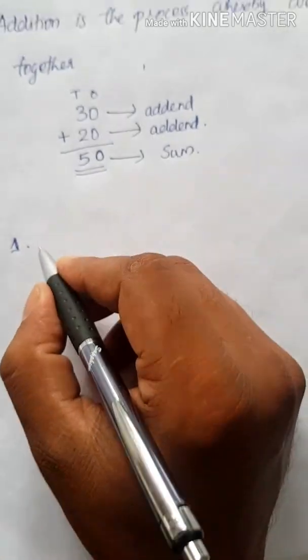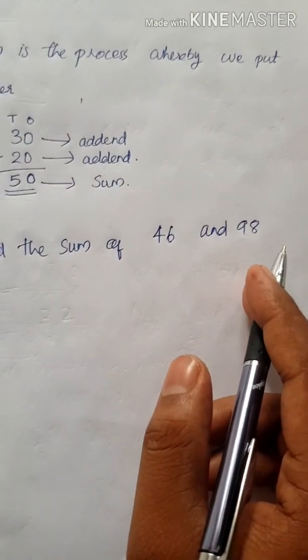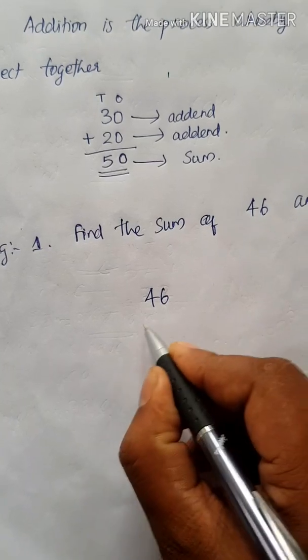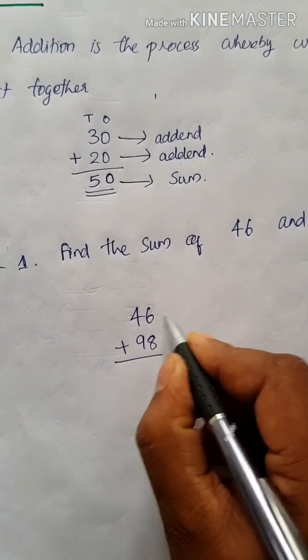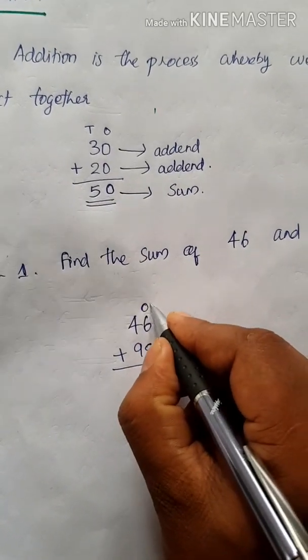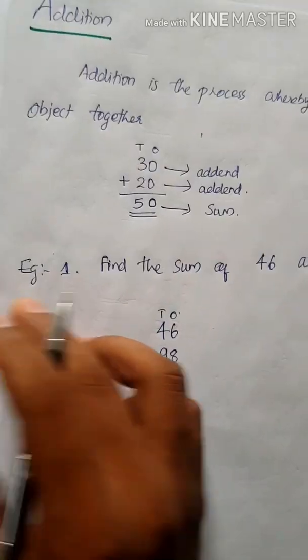Find the sum of 46 and 98. Okay, let's write like this: 46 plus 98. These two are the addends. Here the first one is ones and this one is tens. So let's write like this.